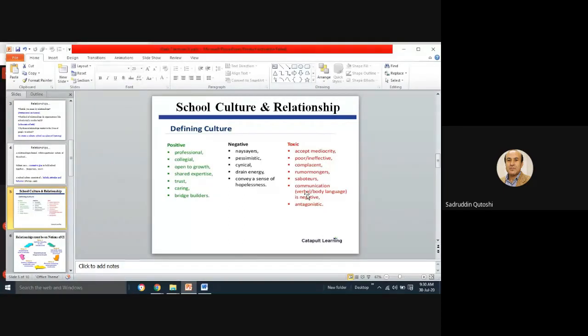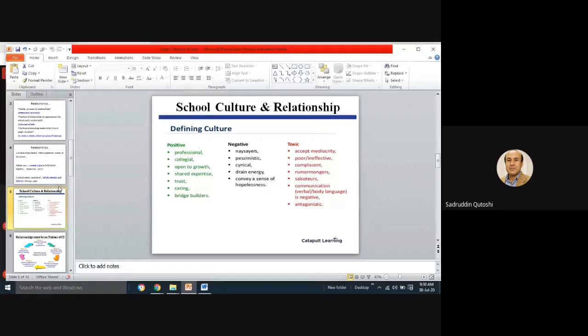That will affect student performance very badly, and your relationship with each other will be very negative. So that's how you can understand school culture and the relationship.